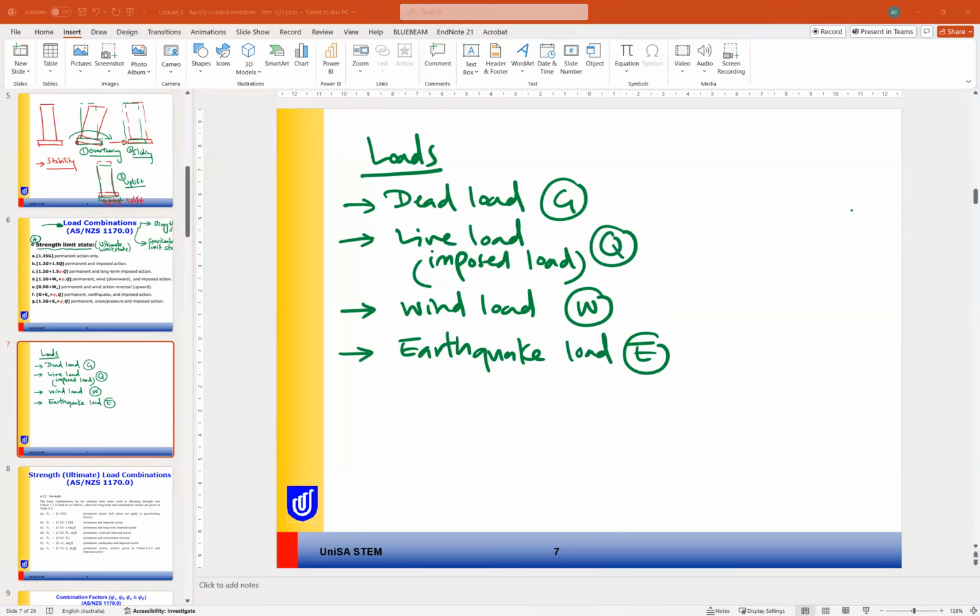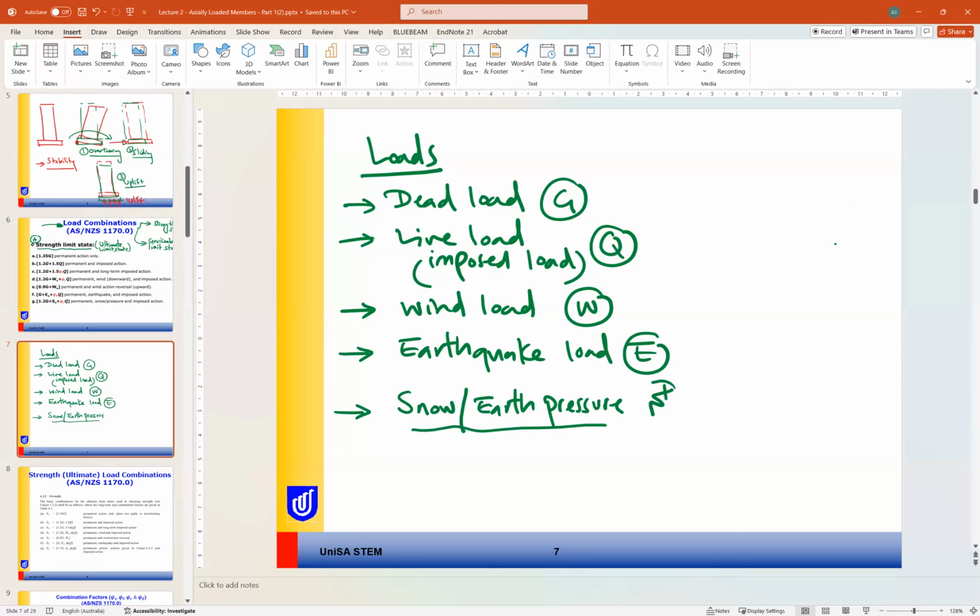And also one load not very common, which is snow or earth pressure or any sort of load like that. We give it in the standard the symbol S.